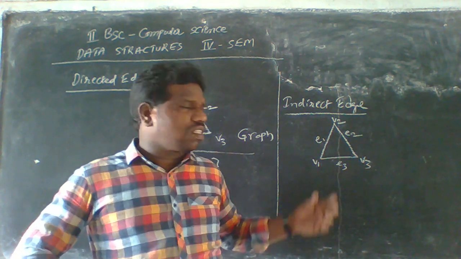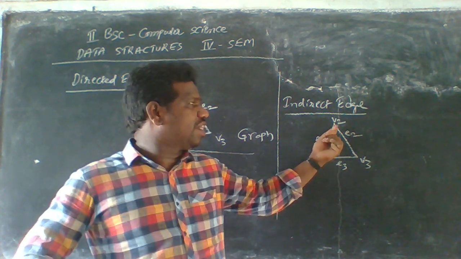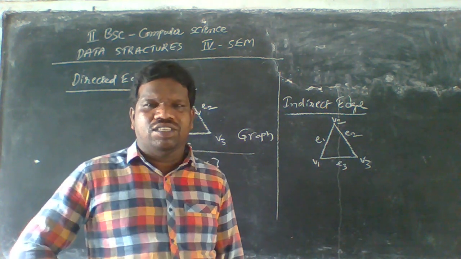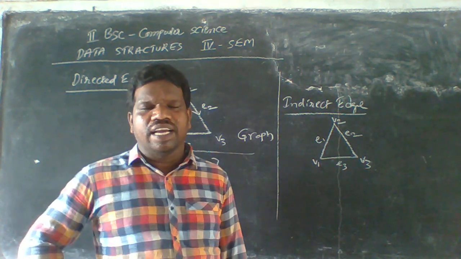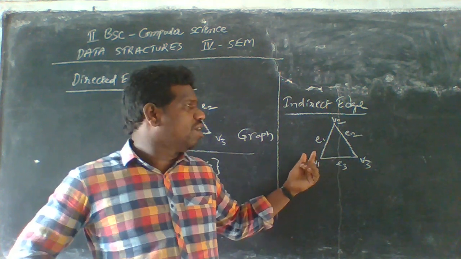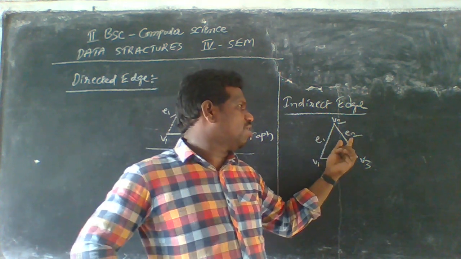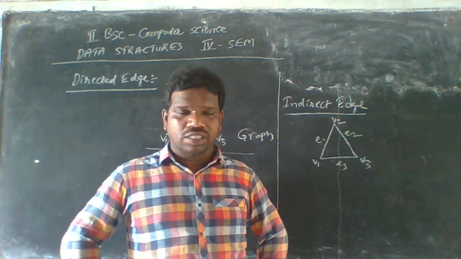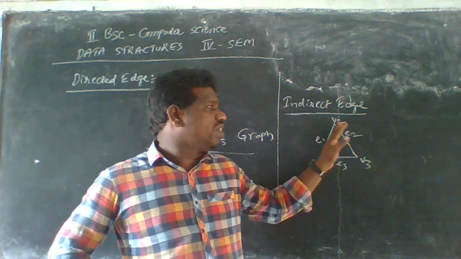So in this given edge having no direction, that edge is known as the indirect edge. And V2, V3 forms the E2 edge. The E2 edge is also the combination of V2 to V3.